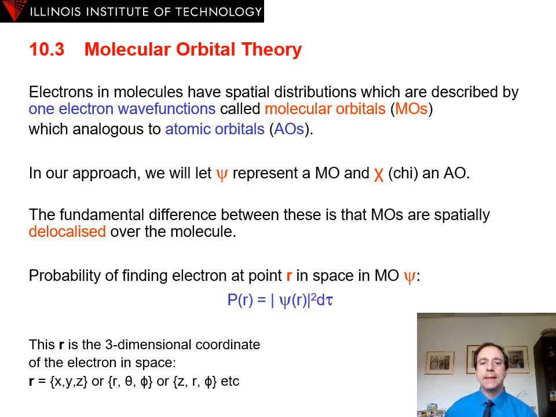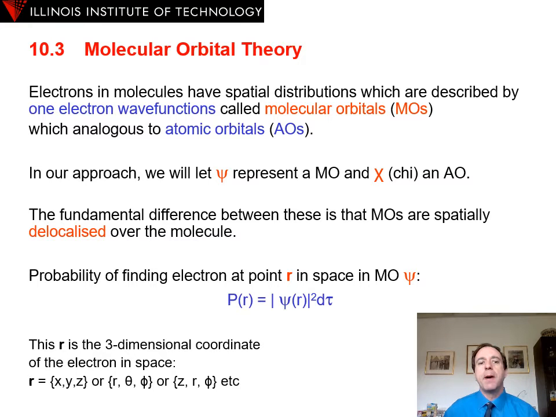We're also going to use the same wave function principles that we used before. The probability of finding an electron at any point r in space is given by the square of the wave function, so psi squared integrated over all space, or rather, within an infinitesimal d tau.